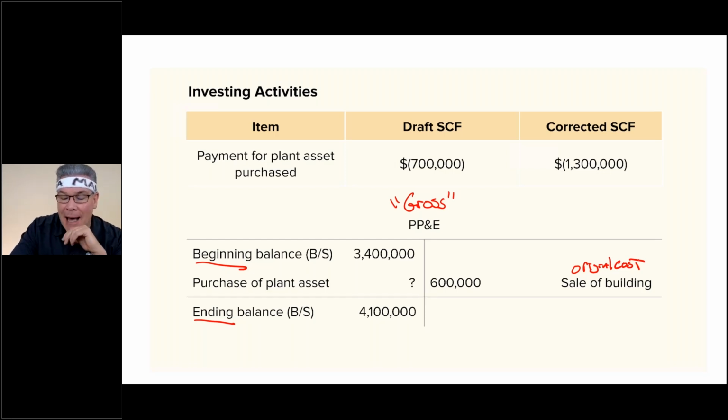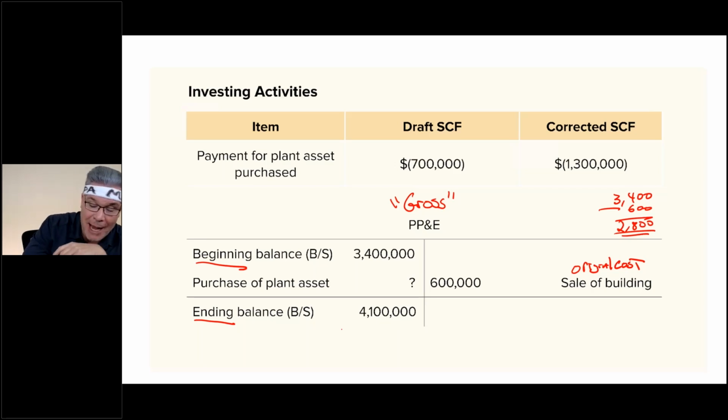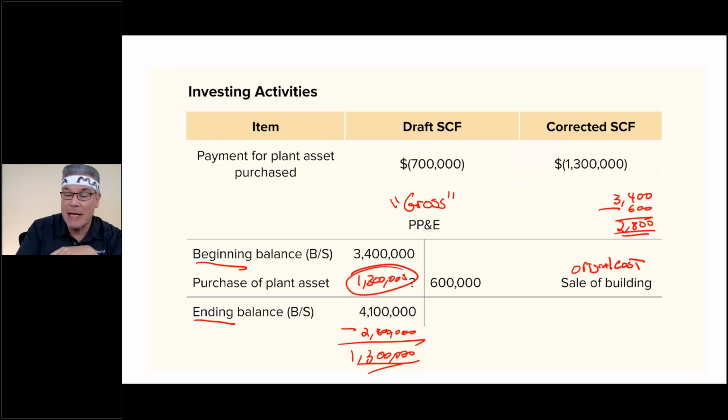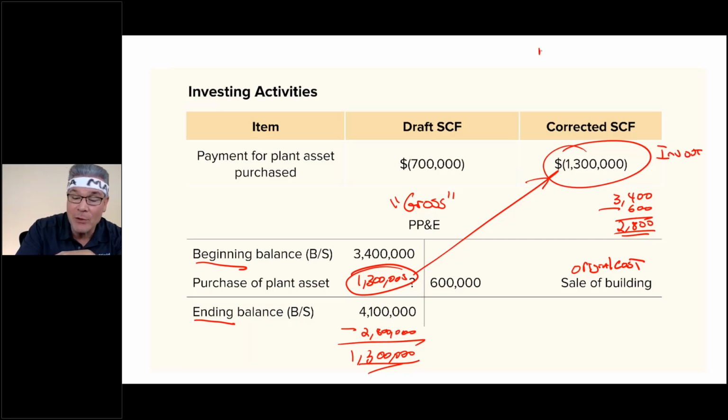So had we not bought anything, $3.4 million minus $600,000, our ending balance would have been $2.8 million had we not had any purchases. But we must have had purchases because our actual ending balance is $4.1 million. Same result, different format. We must have had $1.3 million in purchases. Same result, different format, using either net book value for PP&E or gross.